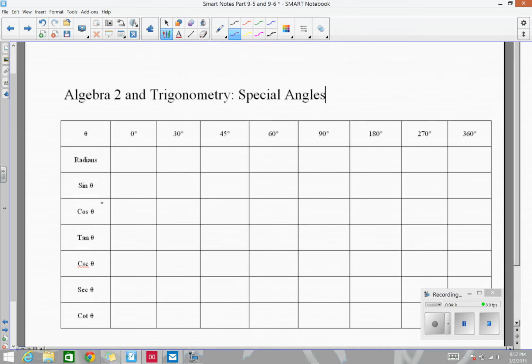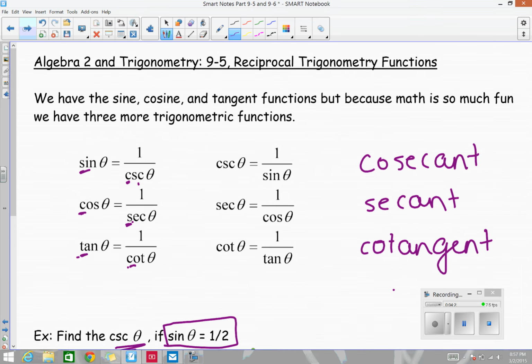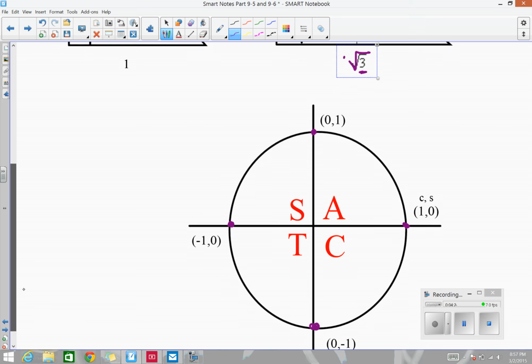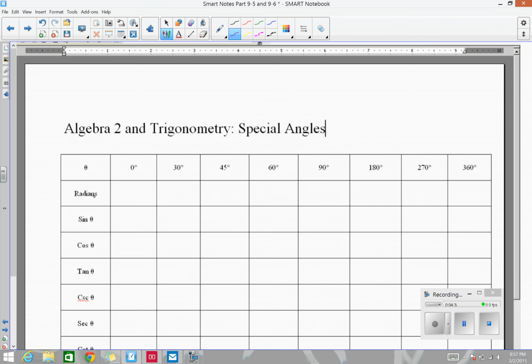We're going to go to that in a little bit. So let's look at 0 degrees. The sine of 0, sorry, is 0. The cosine of 0 is 1. So sine of 0 degrees is 0.